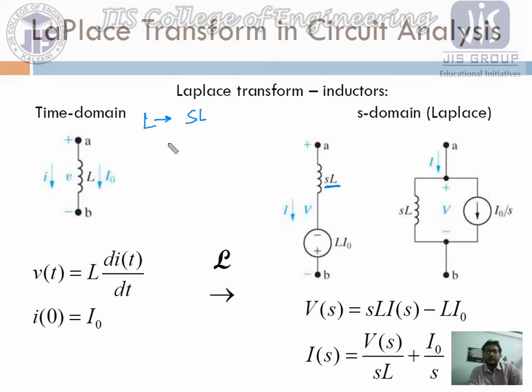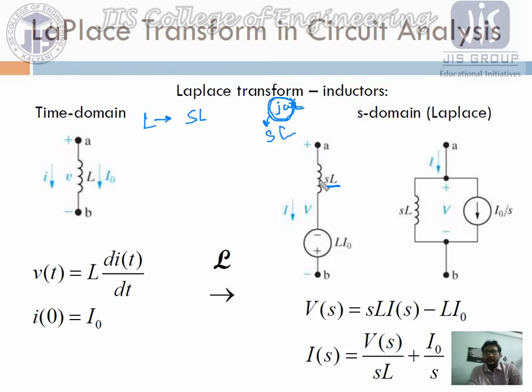For time domain analysis we wrote j omega L, j into omega into L. In s domain analysis, j omega is nothing but written as s. Simply, if we want to remember, j omega is written as s, so we write s into L.